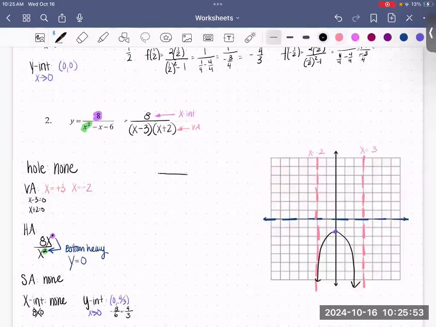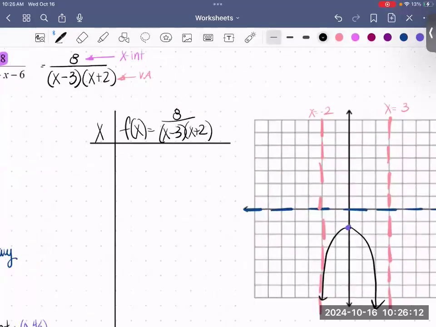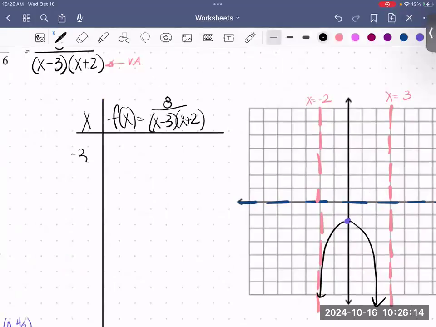So if we were to do that really quickly, you can put it either in your simplified or your unsimplified form, so your factored and simplified or your original. I'll do my factored one this time around. So let's see, a negative that's less than -2. So let's try -3.